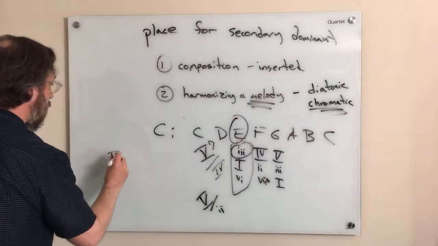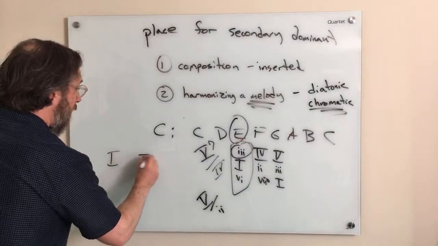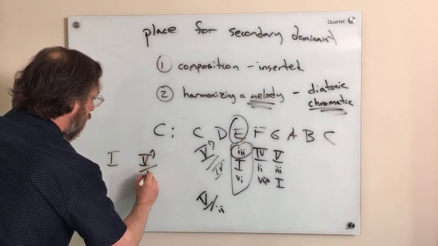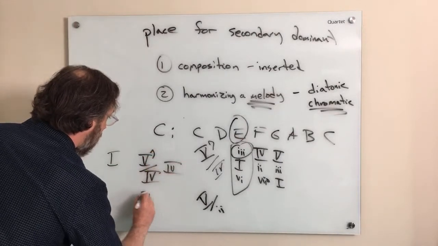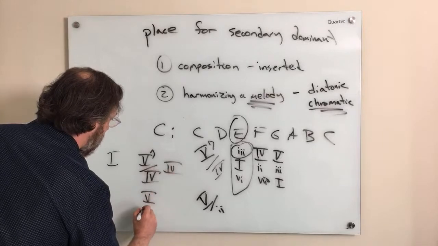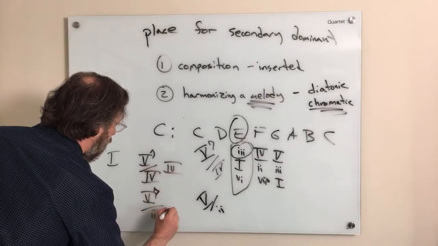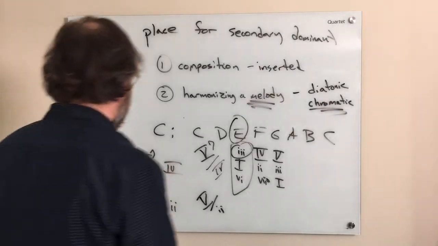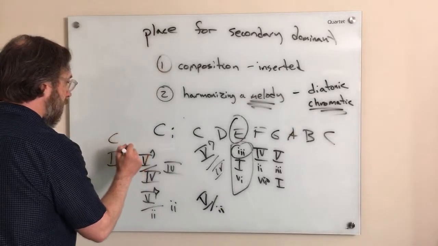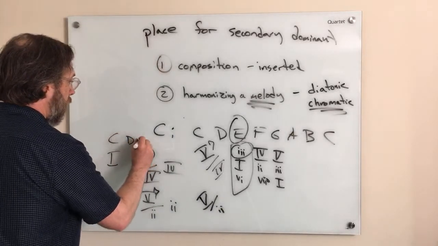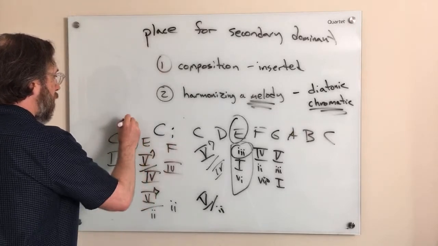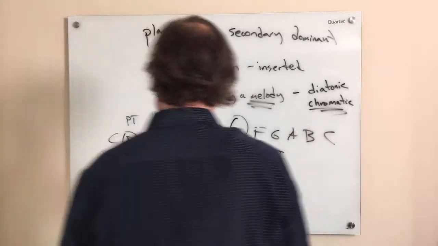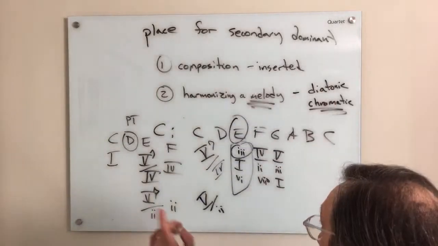I went 1 to either 5, 7 of 4 to 4, or 5, 7 of 2 to 2. And the melody is C, D, that's a passing tone, E to F, passing tone, right? So I'm just looking for harmonizations, and this is when you're harmonizing a melody.